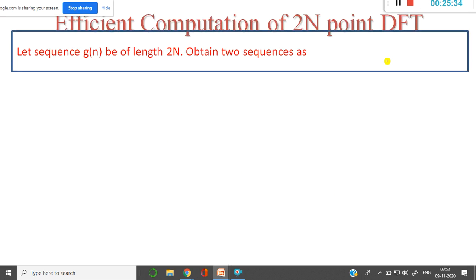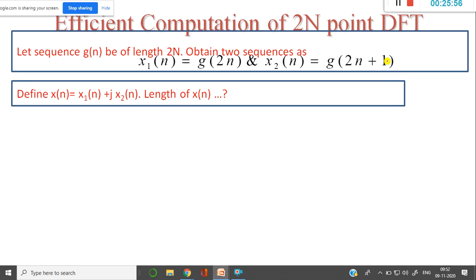So this is once again the same kind of topic, where we have a sequence of 2N points, and now we need to calculate an efficient computation of the 2N-point DFT using N-point DFT. Let me assume g of n is a sequence of length 2N.